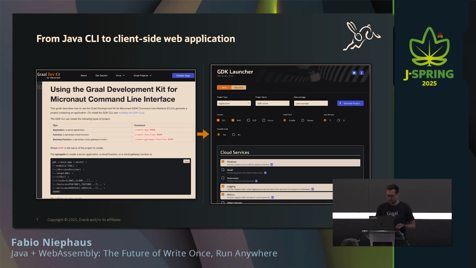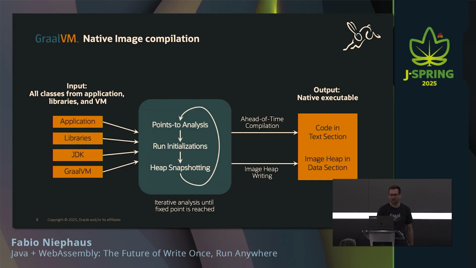Right? So in case you have no idea how GraalVM works, I quickly want to recap and explain that to you too. So we take all your application classes and libraries that you have. We take JDK classes and we have our own runtime components like a garbage collector. Then we run a points-to analysis.